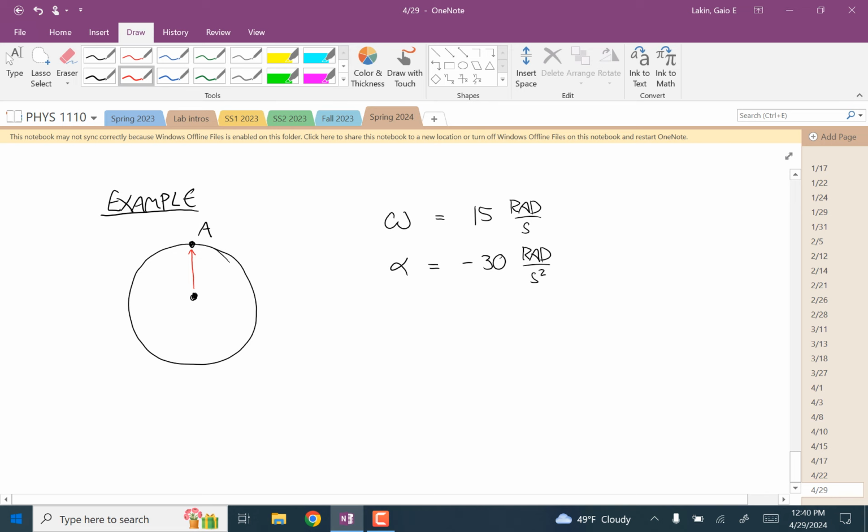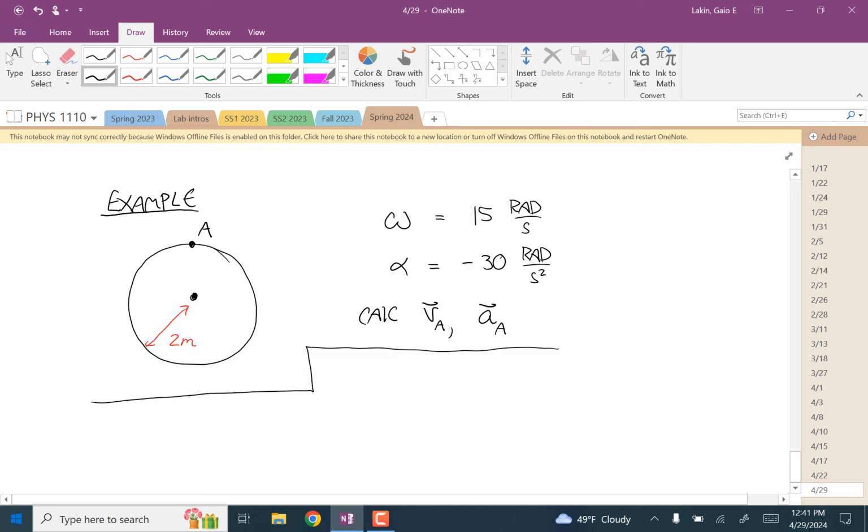Okay, so the radius of this circle is 2 meters. So calculate the velocity vector of that point A and the total acceleration vector of that point A. And to calculate that total acceleration, remember you're going to do that in two pieces. You're going to do the tangential and the centripetal and then add them together. So take a few minutes and see if you can think through this, and then I'll go.